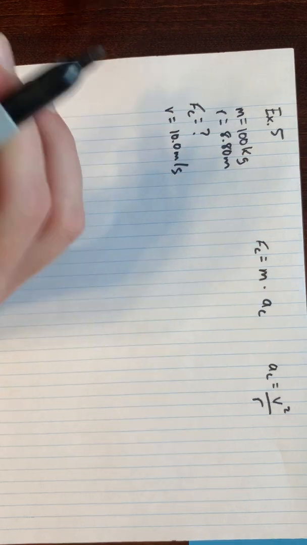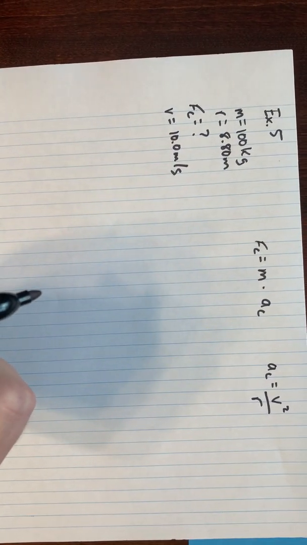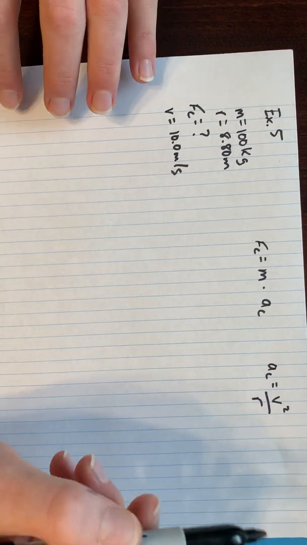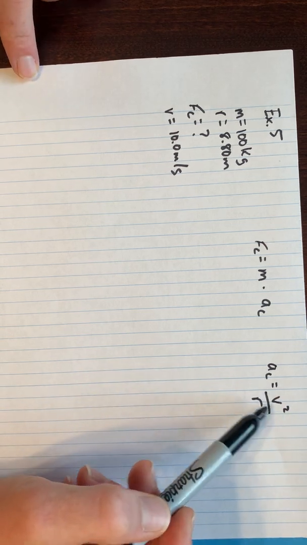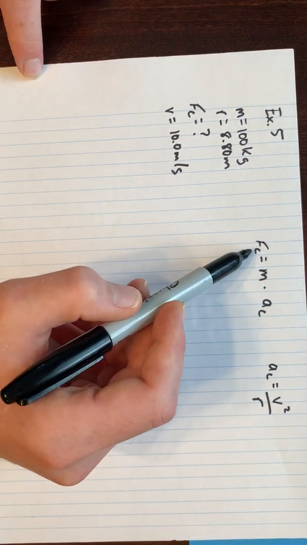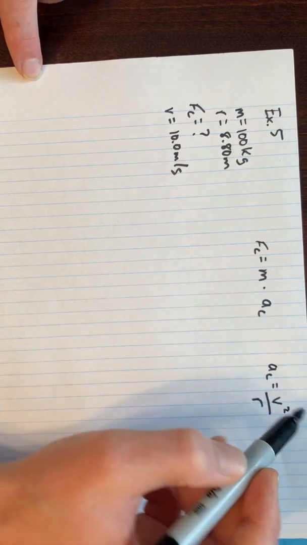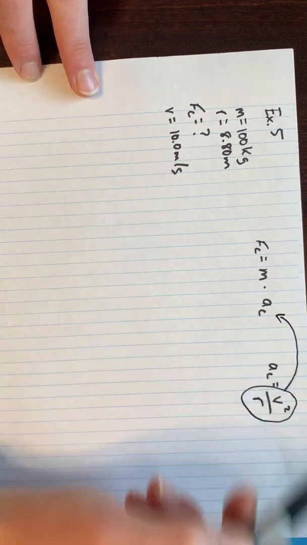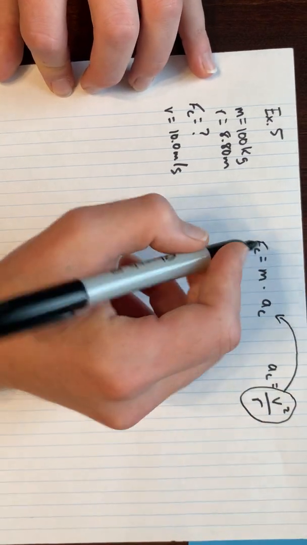I'm going to combine the formulas. It makes it a little bit easier, and then I only have to do one calculation instead of two. If the centripetal acceleration is v squared over r, and the centripetal force is mass times centripetal acceleration, we just substitute v squared over r into the centripetal force formula.